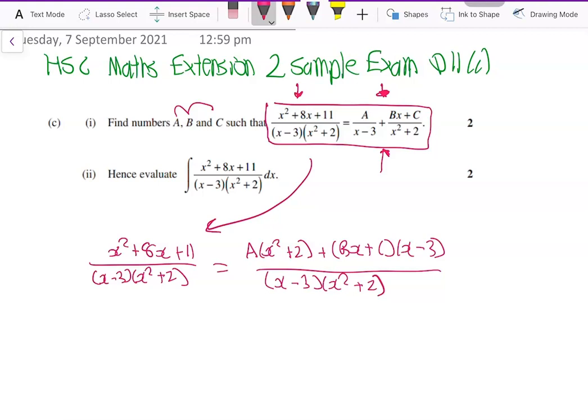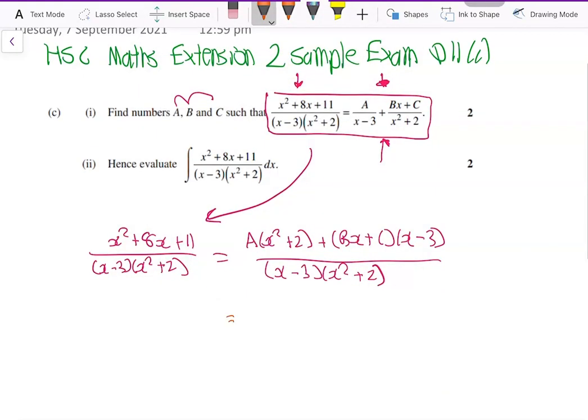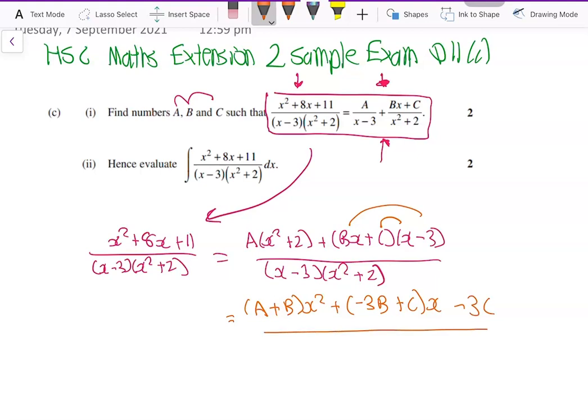Okay, so this is just putting the fraction under a common denominator, and now we can collect like terms and we get (a plus b)x squared plus (minus 3b plus c)x, and we also have minus 3c plus 2a, divided by (x minus 3)(x squared plus 2).